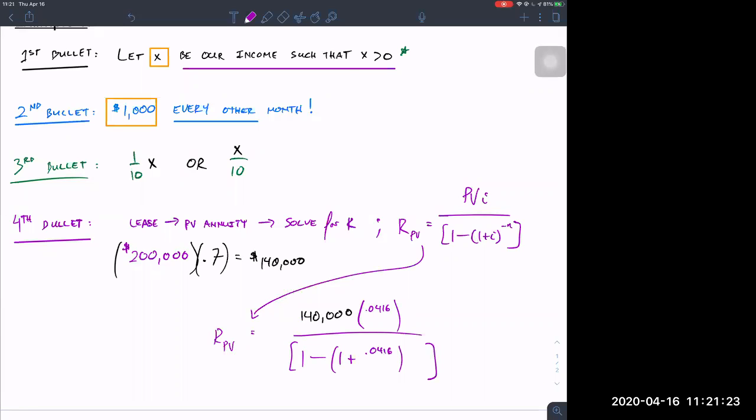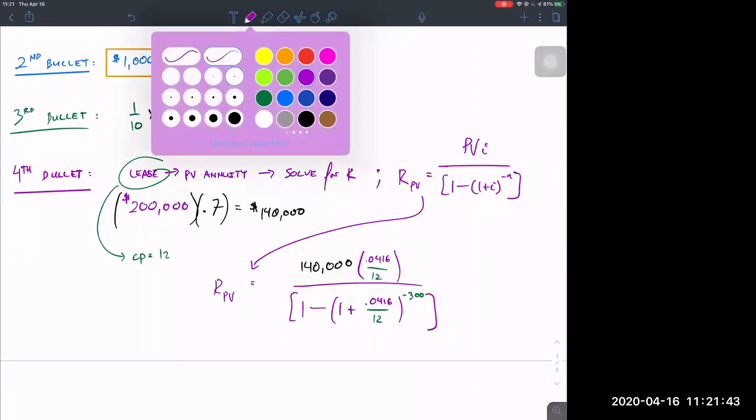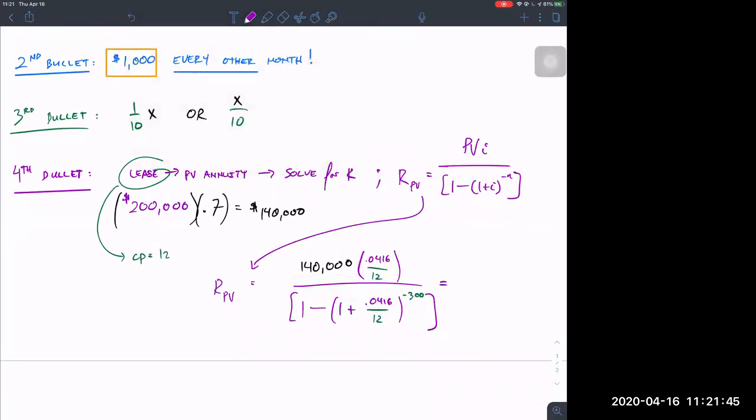0.0416. Okay, since you know it's a lease, it's still safe to assume that the compound period is 12. That's not going to change. So don't worry about that, especially for this class. And then we sit for 25 years. I think that's 300, yeah. Negative 300, okay? And let's get this answer as well. So let me box this really quick.